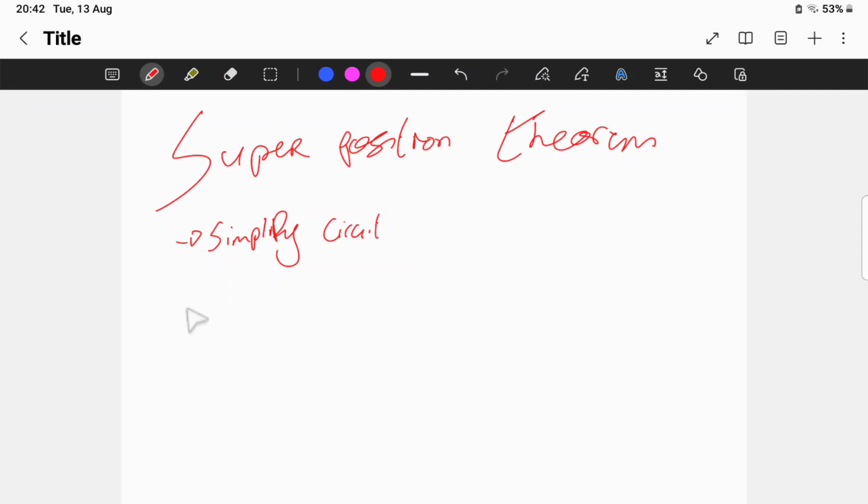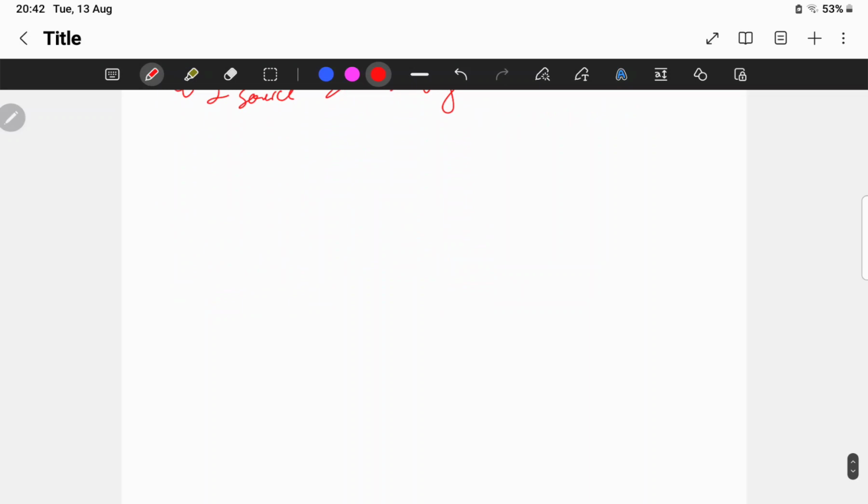Alright, we use superposition when we have a current source and a voltage source. So first, let's say you're given a circuit.